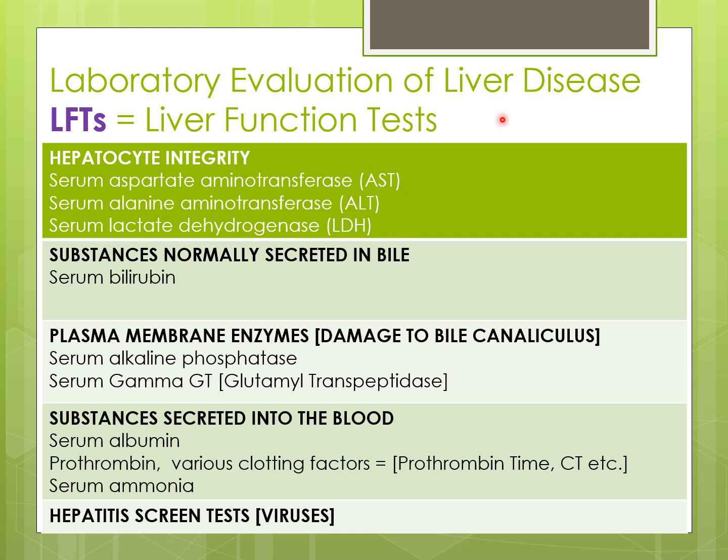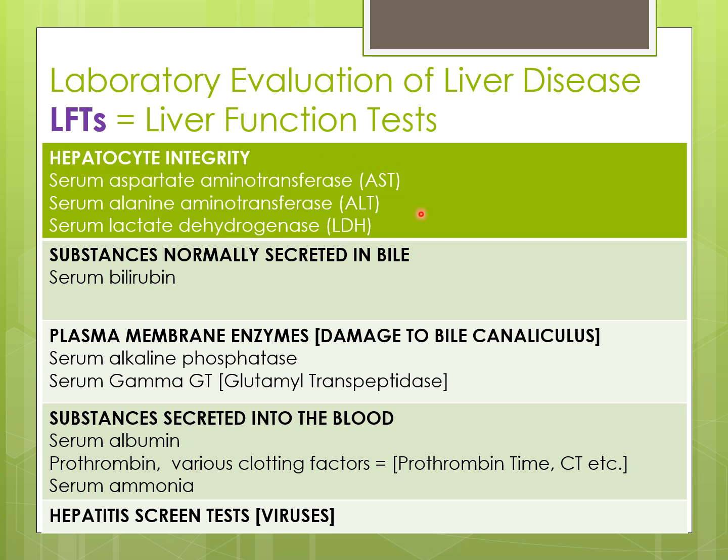This is a very important table, although you will be doing more in detail about the functions and these things. These laboratory evaluations of liver disease are called liver function tests, LFTs. We have divided them into small groups. The first group are the enzymes which are important for looking into the integrity of the hepatocyte.